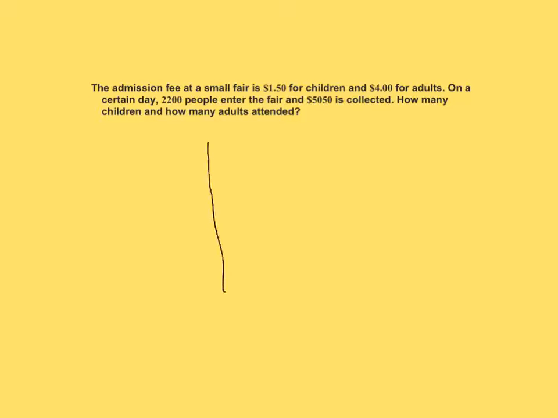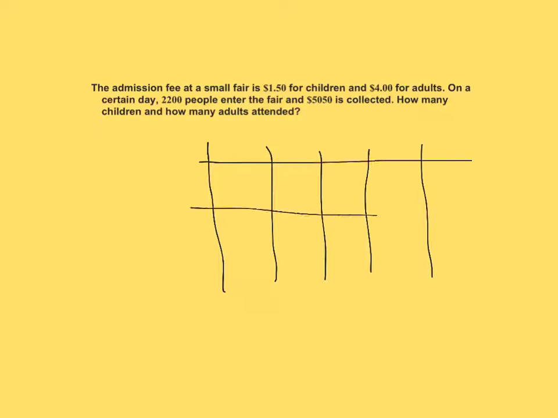So I'm going to make a table with 4 columns, and instead of 1% milk and 3.5% milk, I have children and I have adults. And that's the amount, and I know that that adds up to 2,200 people.